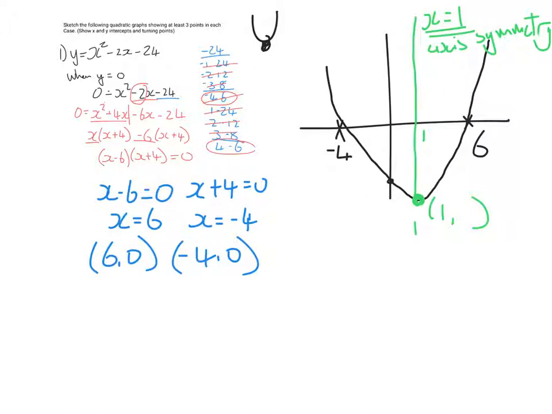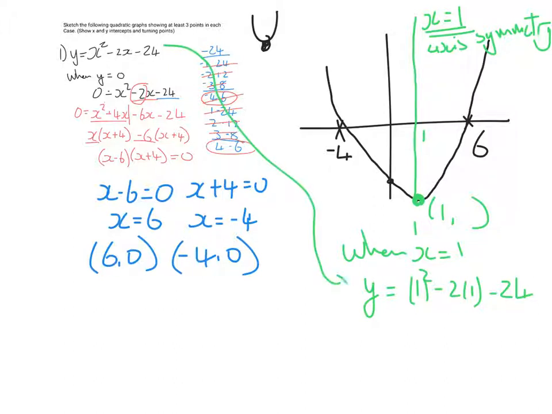So when x equals 1, y equals 1 squared minus 2 times 1 minus 24. Okay, so I've just subbed it in here. And that would give me 1 minus 2 minus 24, so 1 minus 26 is going to give me minus 25. Or negative 25. So there we go.